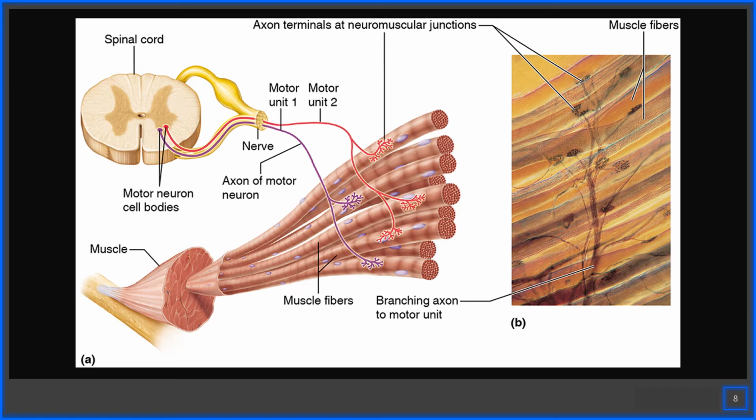The neurotransmitter that stimulates skeletal muscle is called ACh, or acetylcholine. While they are close, the nerve endings and the muscle fiber membranes never touch, and the space between them is known as the synaptic cleft.